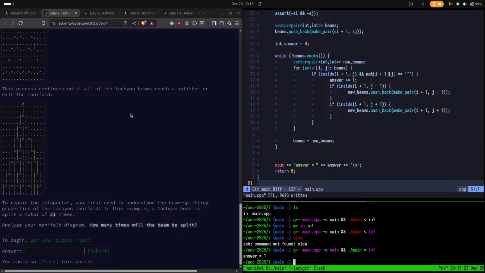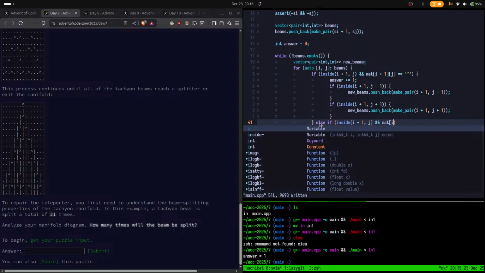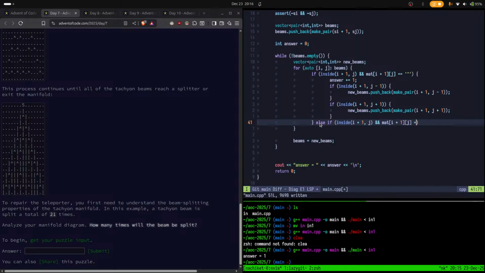Answer is 1. Okay, so either we found a splitter or there is a clear path there. So on the side, and non-obstacle.